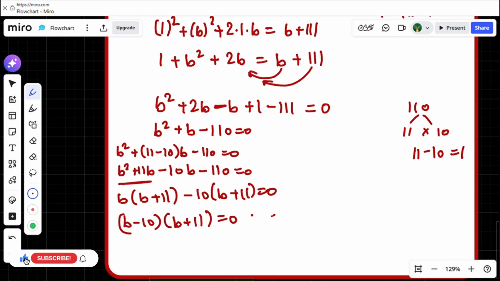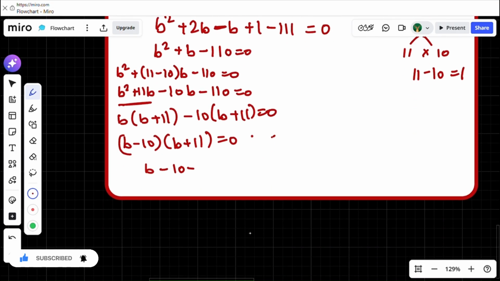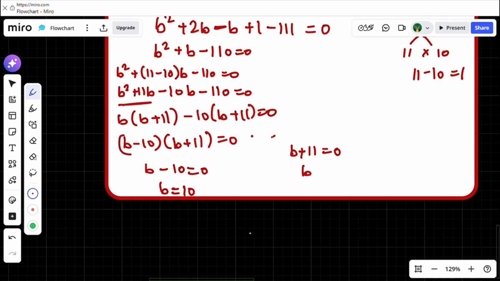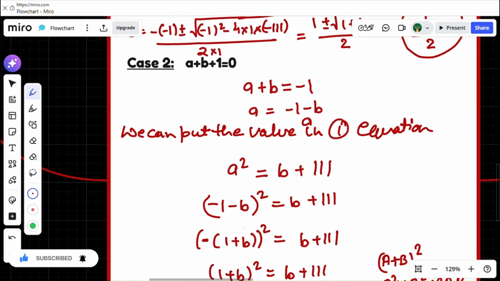So we can see that B minus 10 and B plus 11 is equal to 0, and we can say that B minus 10 is equal to 0, and B is equal to 10, and B plus 11 is equal to 0. So B is equal to minus 11. So we have two answers of B, 10 and minus 11. So we can put the first case.